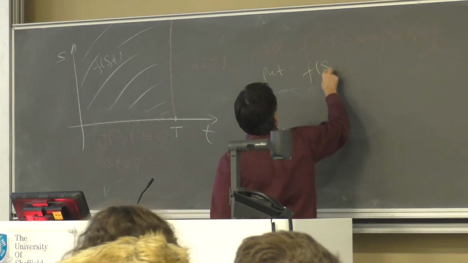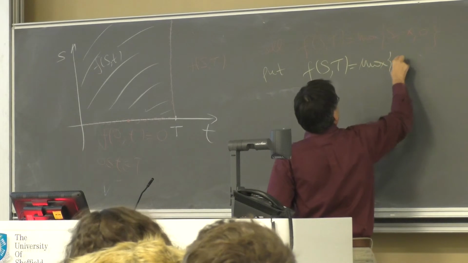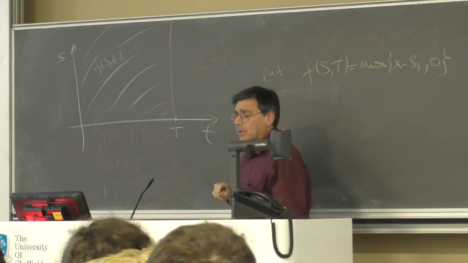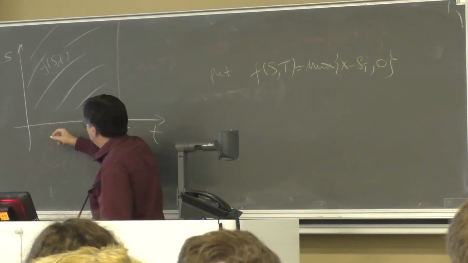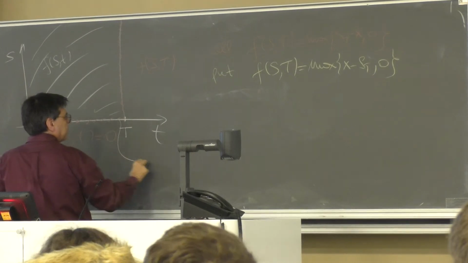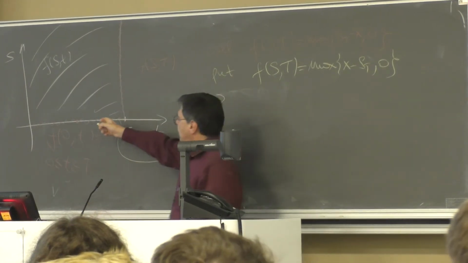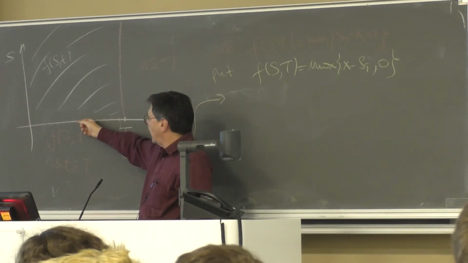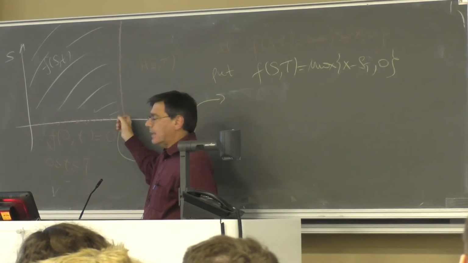Now f of s and expiration time is going to be the maximum between x minus st and 0. The payoff you're getting from this put option at expiration. And how about the boundary here? So again, if the company at this point goes bankrupt, it's going to remain bankrupt, and then you know that when you get to expiration, you're going to get a payoff of x.